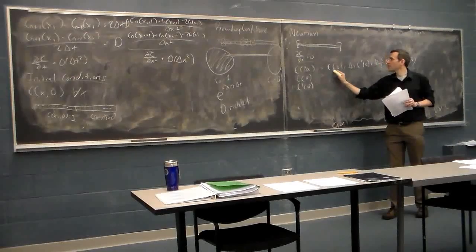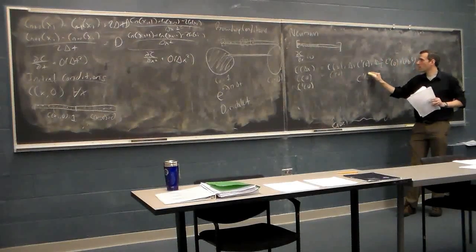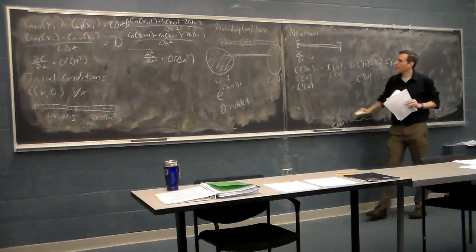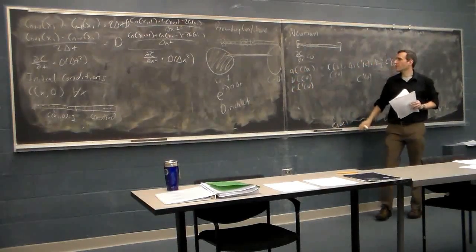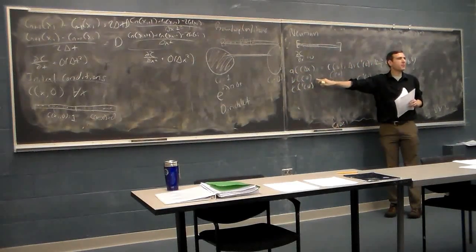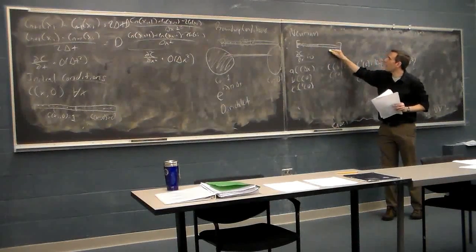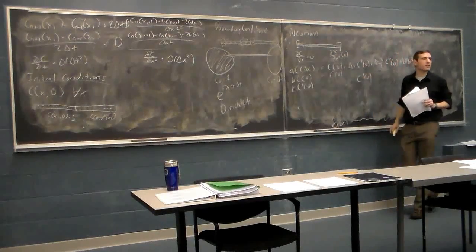We can say that this is just c of 0, and this is just c prime of 0. And then what we want to do is find some scaling factors a, b, and c, such that a times this plus b times this plus c times this is the thing we're trying to figure out, which is d squared c/dx squared at 0.